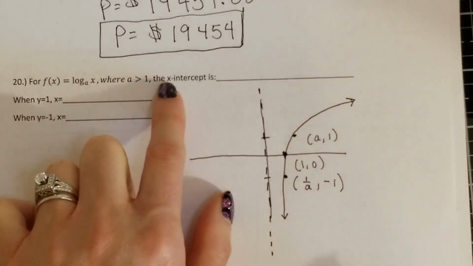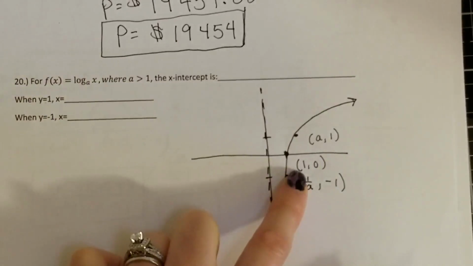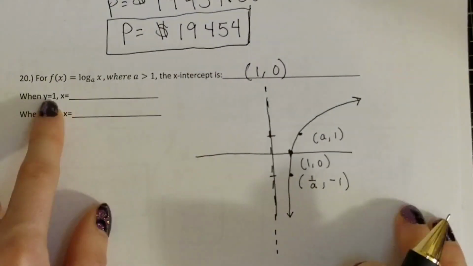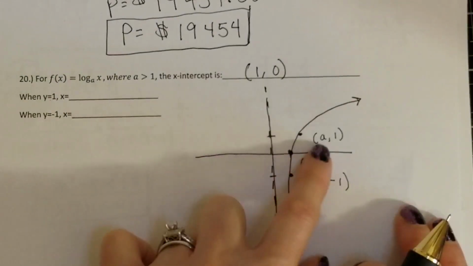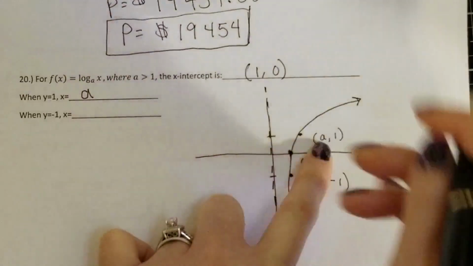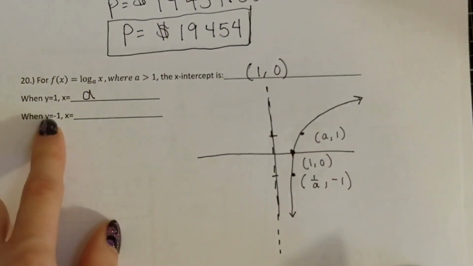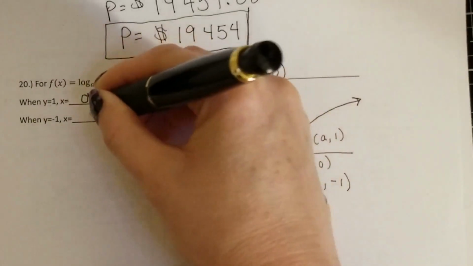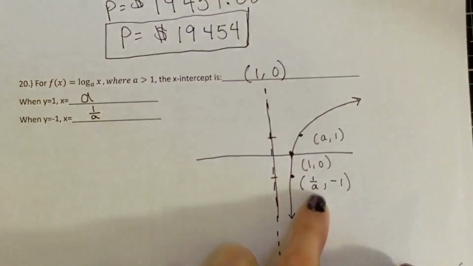So the x-intercept is (1, 0). So when y equals 1, x equals a, so it depends on what the base is. When y equals -1, then you would have 1 over a.